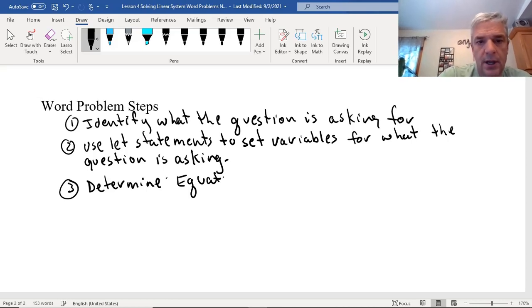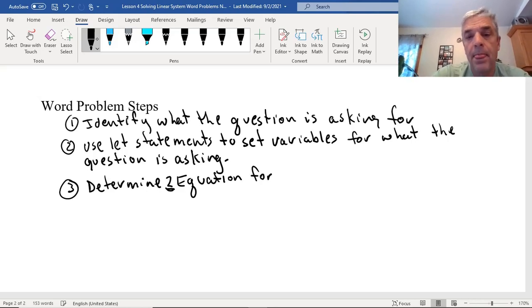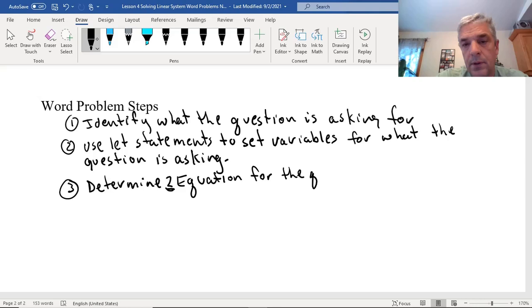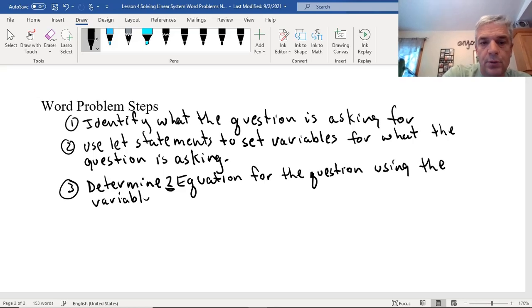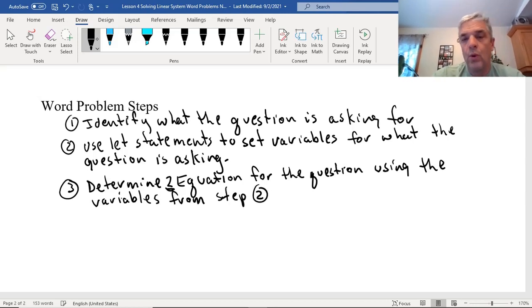And determine, I got to put the number 2 in there. It's important. 2 equations from the question using the variables from step 2, okay? And each time we did that, we always use the variables up here. We look and read through the question and we create 2 equations, okay? Determine 2 equations from the question using the variables from step 2.